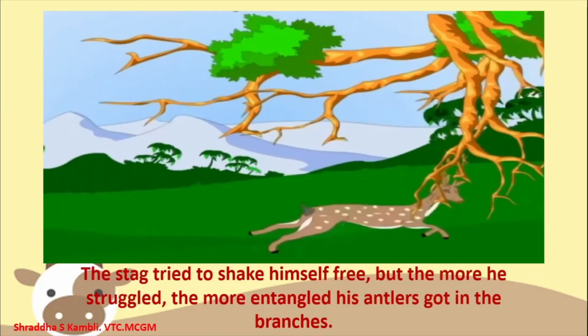The stag tried to shake himself free. But the more he struggled, the more entangled his antlers got in the branches. You can see here, the stag is stuck with all those branches in his antlers. Now what would have happened? The hunters would have come and they would have killed this stag.